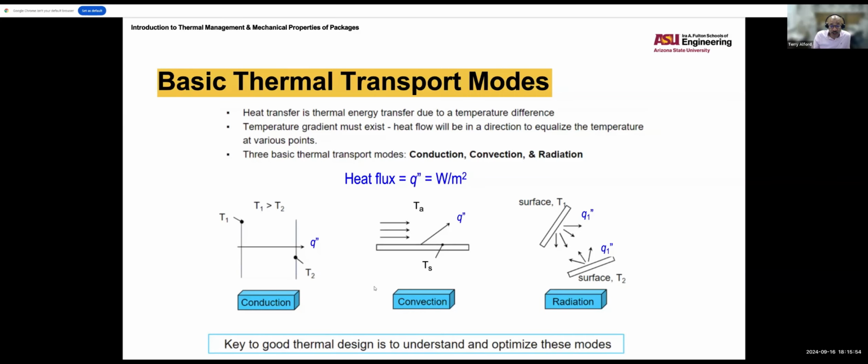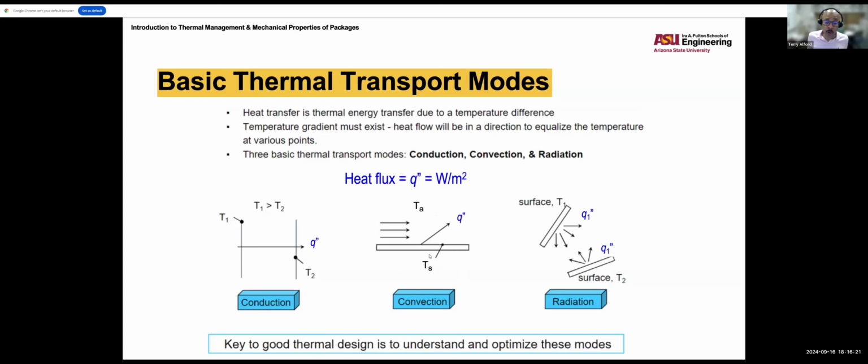Okay. Convection. In this particular case, I have my ambient temperature and I have my surface temperature of the solid. Convection involves a fluid interacting with the surface of the solid and removing the heat.